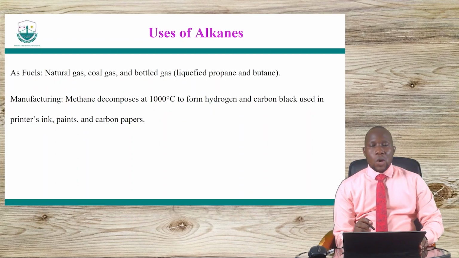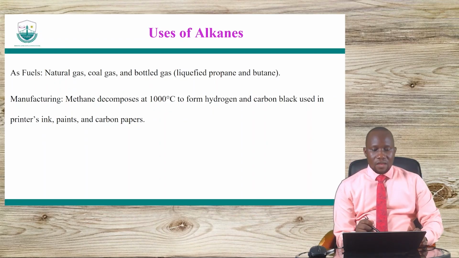When we look at the petroleum or fractional distillation in the refinery, you realize that a lot of these products are actually alkanes. Coal gas, bottle gas, natural gas, all these are actually alkanes that can be used as fuel.